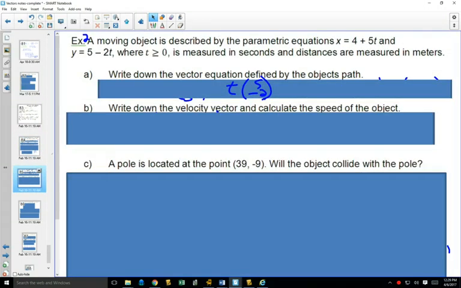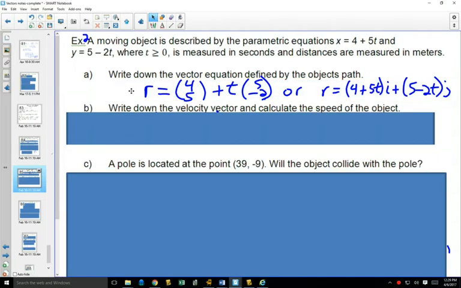So here we've got the parametric equations for x and y. Time is measured in seconds and distances are measured in meters. We could write down our vector equation. Again, this is a vector, so I should underline it or put an arrow over top of it.